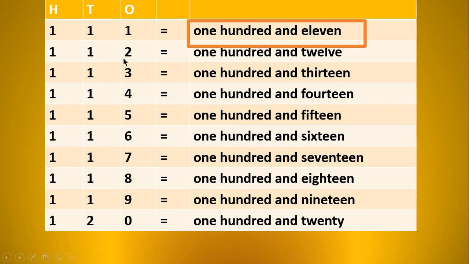Then comes 112. ONE 1, HUNDRED 100, and TWELVE 12. 112. You are already aware of the teen family. So now it is 113, 114, 115, 116, 117, 118, 119, and finally 120. Very nice. You are such a smart student. That's why you are learning very fast.